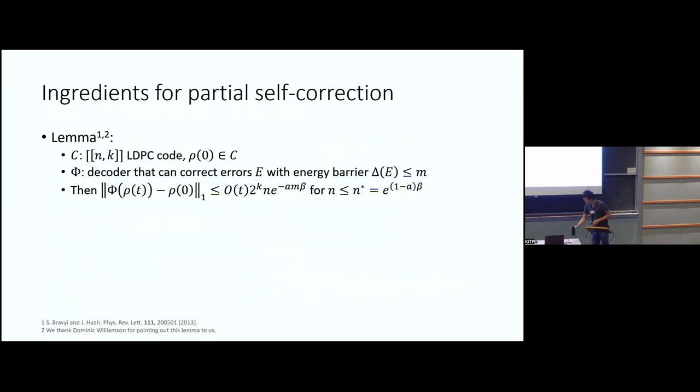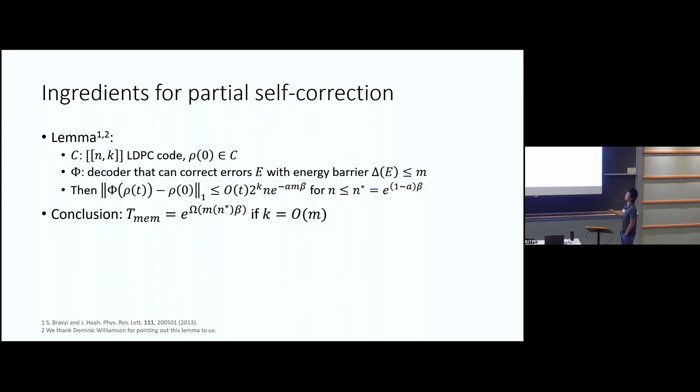There's this very nice lemma in the Bravyi and Haah paper, which is basically saying that if you have a decoder that can correct errors with a low energy barrier, so errors that could be created by a low energy path, and this decoder can correct all of those types of errors, then you basically have good memory lifetime up to a certain point.